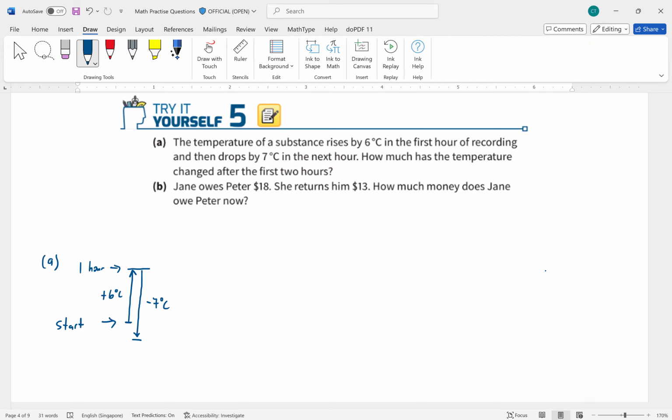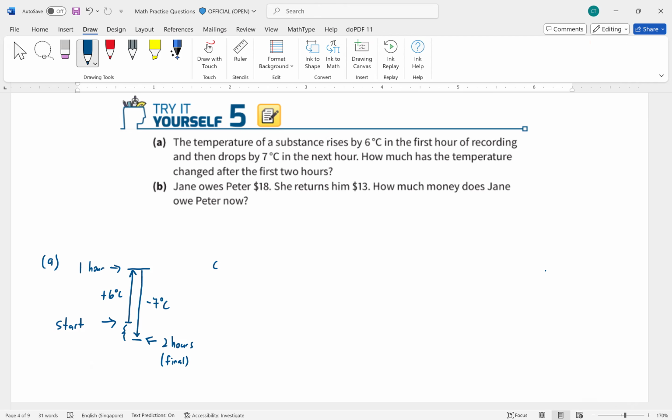Remember, this is the start and this is the end, after 2 hours. They're asking what this change in temperature is. We can see that the final temperature, after 2 hours, is lower than the starting one. If the final is lower than the starting, then the change will be a negative change.